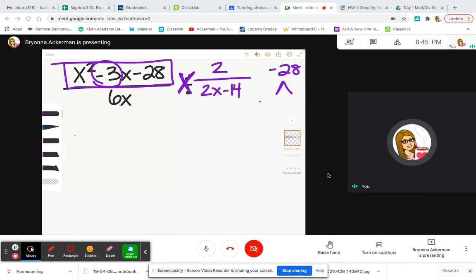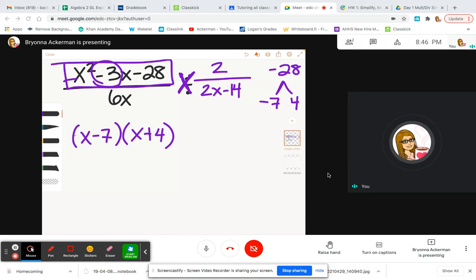So we get negative 7 times 4. Negative 7 times 4 is negative 28, and negative 7 plus 4 is negative 3. So we are able to factor that top as x minus 7 and x plus 4.